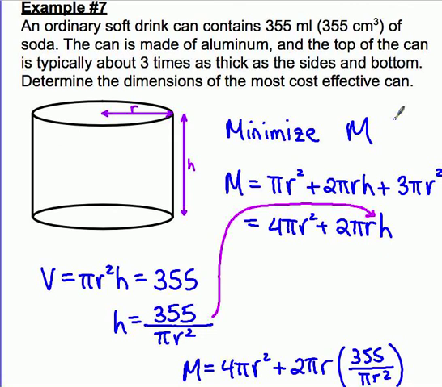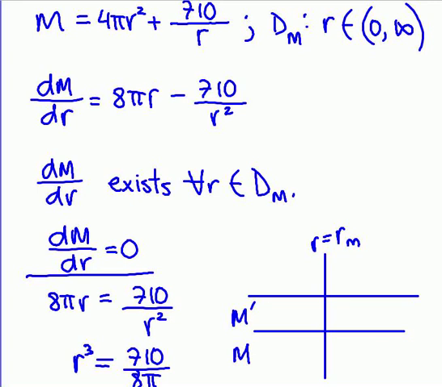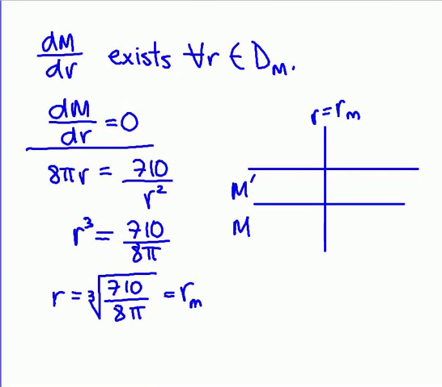And so I know that at the extremes, the cost of this, the amount of metal I'm using, is going to infinity. So therefore, I know that the amount of metal as I approach this must be decreasing, and as I move away from it, it must be increasing. I know that it was 0 there, and that tells me that this is a local minimum.